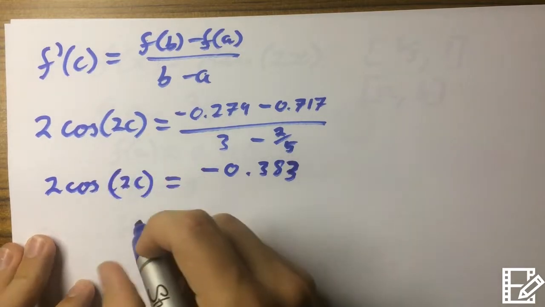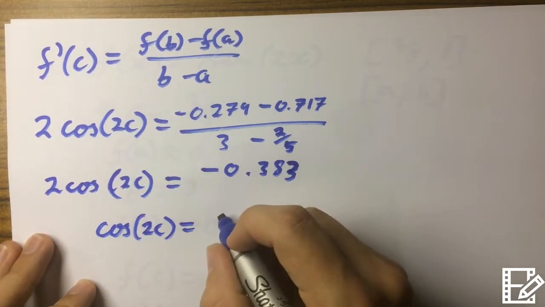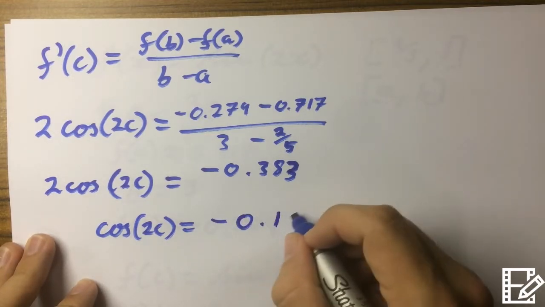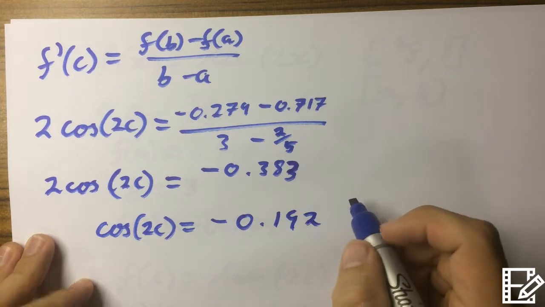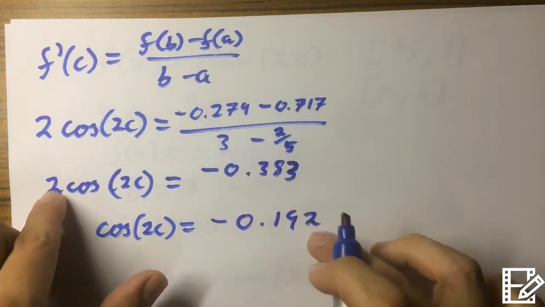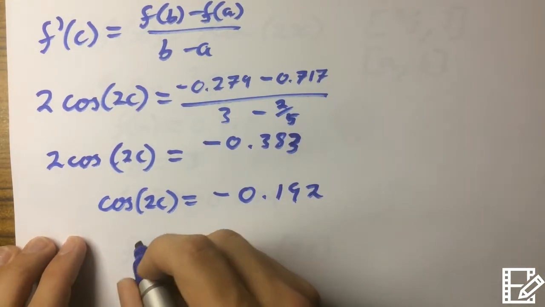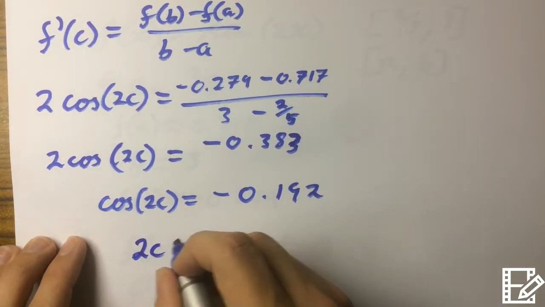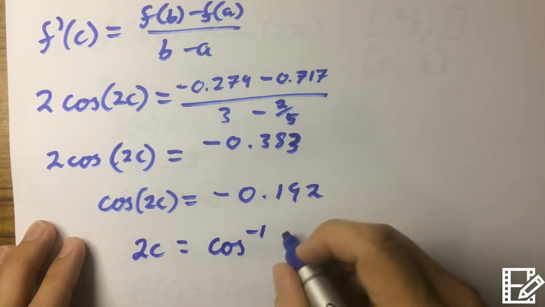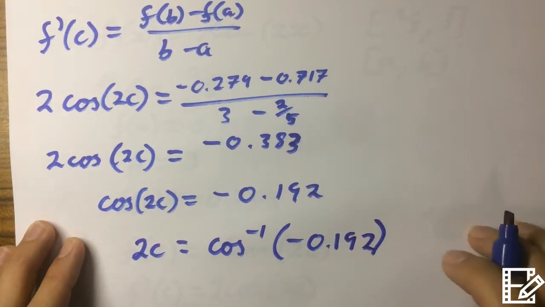Now we divide both sides by 2 and we get cos 2c equals negative 0.192, because we divide both sides by 2, so that'll cancel the 2 and divide this by 2. And then to get the cosine on the other side, we multiply by the inverse, so we get 2c equals the inverse of cosine of negative 0.192.